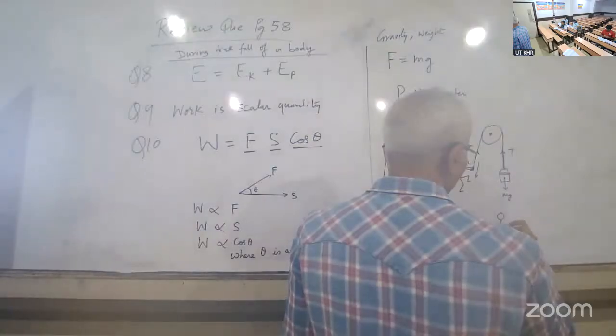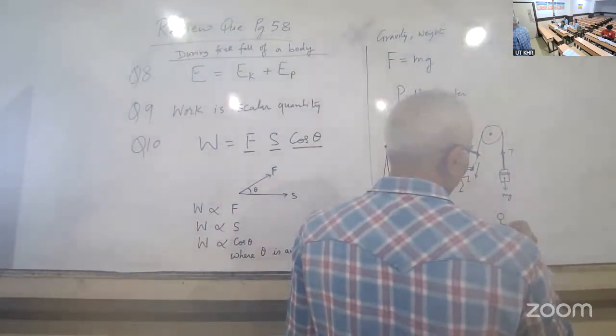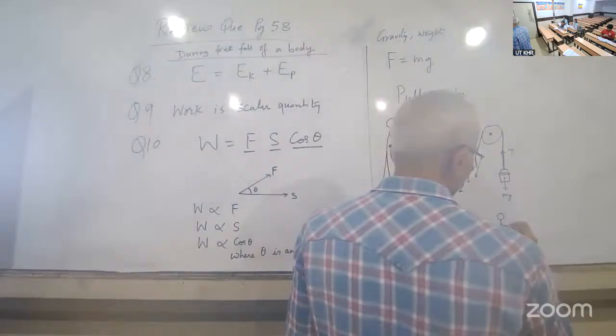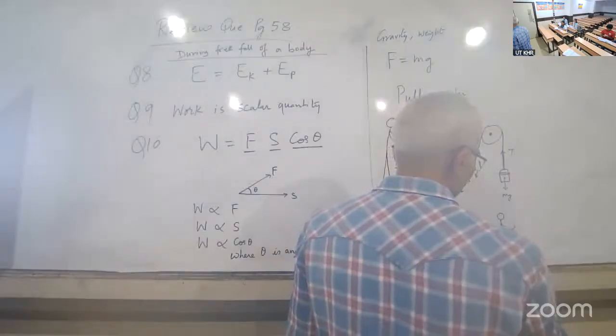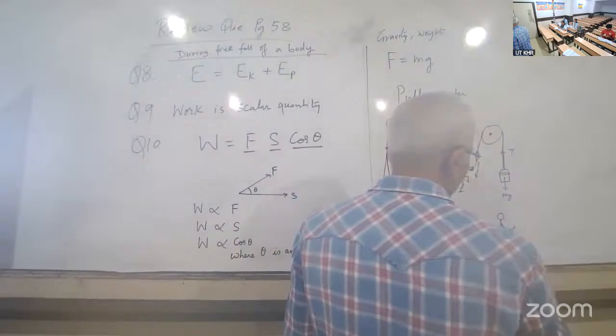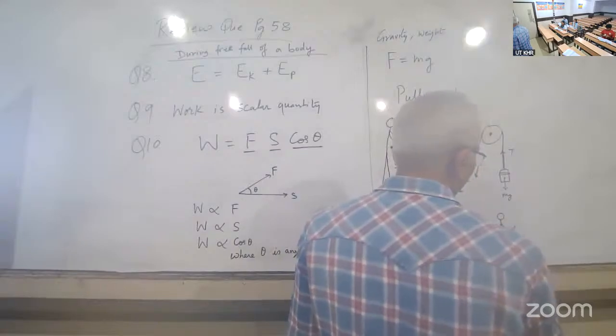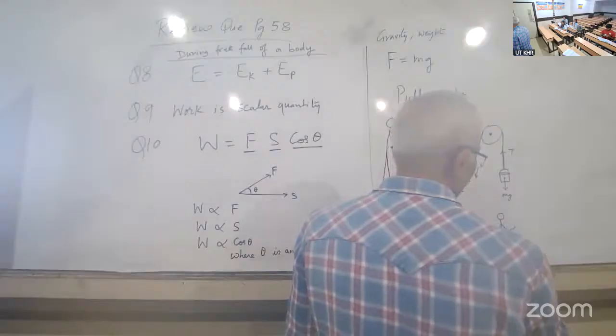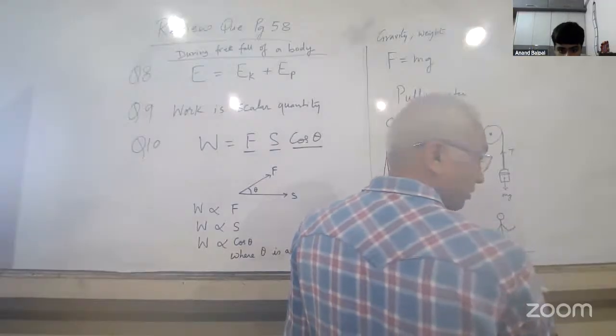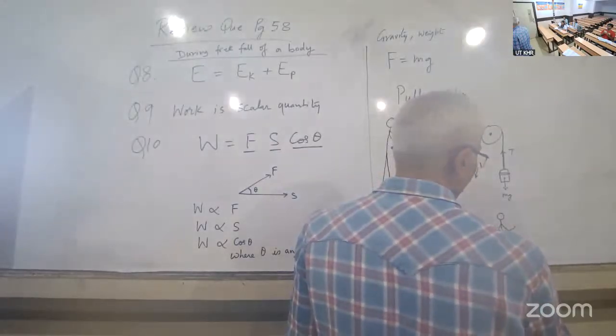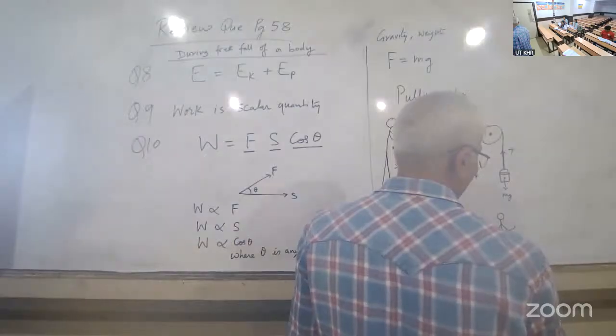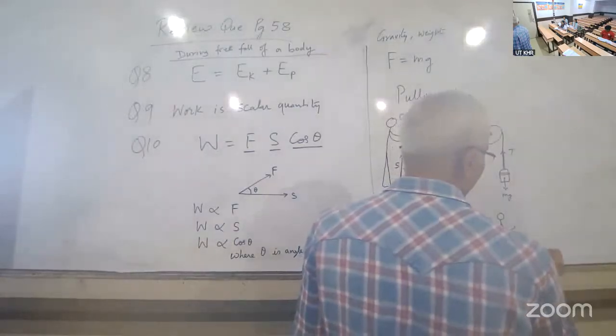Now, let us say somebody is walking. While walking, what is happening? Friction force. The work done by friction is negative. Friction is acting in this direction, whereas displacement is taking place in this direction.